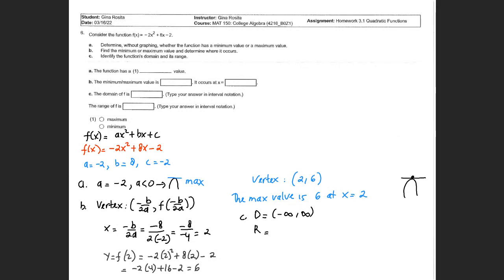Yeah, this is the maximum, right? So look at the range from bottom to the top. The maximum value is this is 6, yeah? So range becomes negative infinity to 6. Okay, this is for number 6.